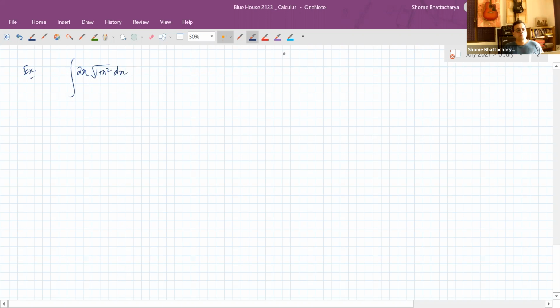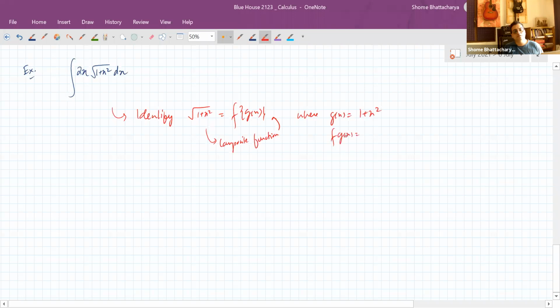Okay. So now in this, what we have to identify first of all is that square root of 1 plus x square is a composite function, where gx is 1 plus x square and f of gx is basically square root of gx.